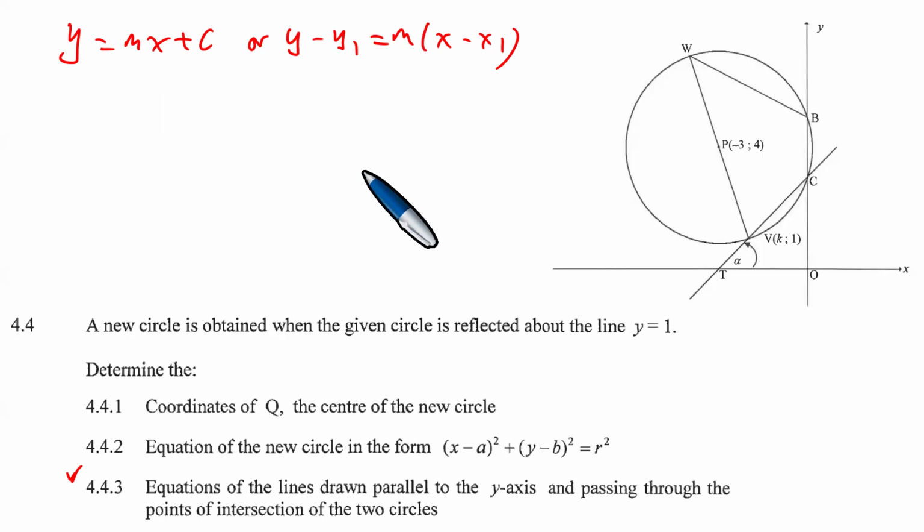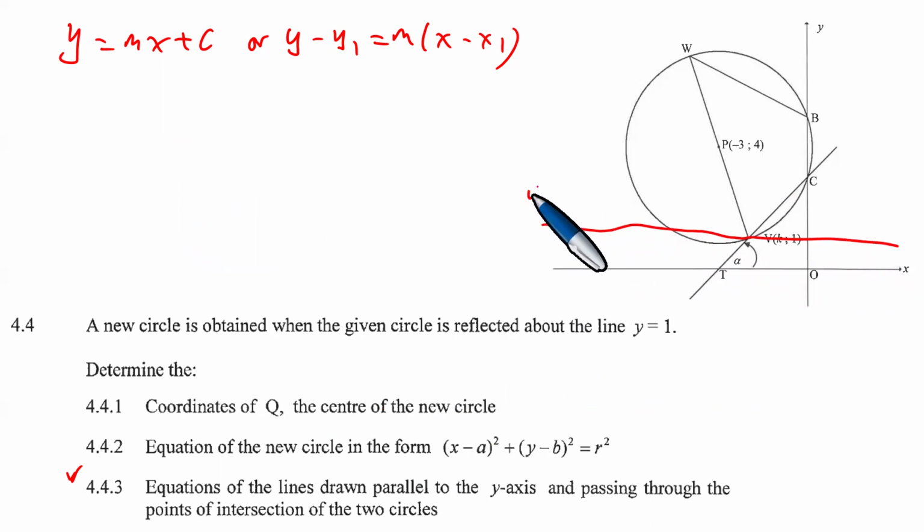So this is what we have: the equations of the lines drawn parallel to the y-axis and passing through the points of intersection of the two circles. Let's do this.